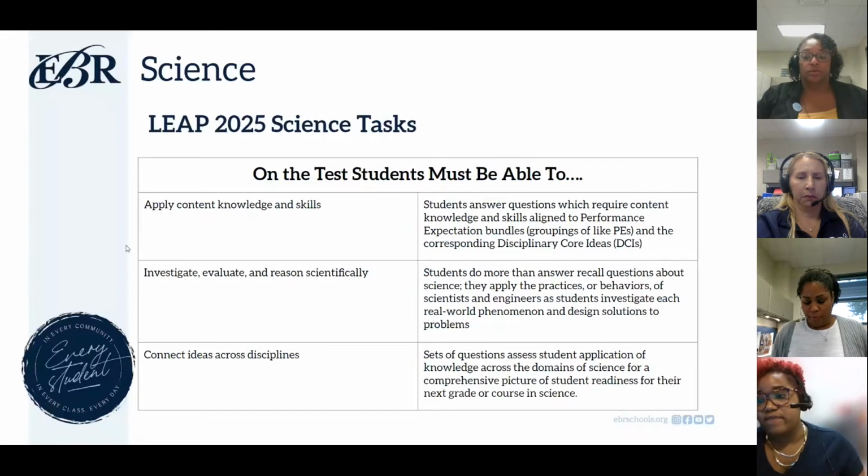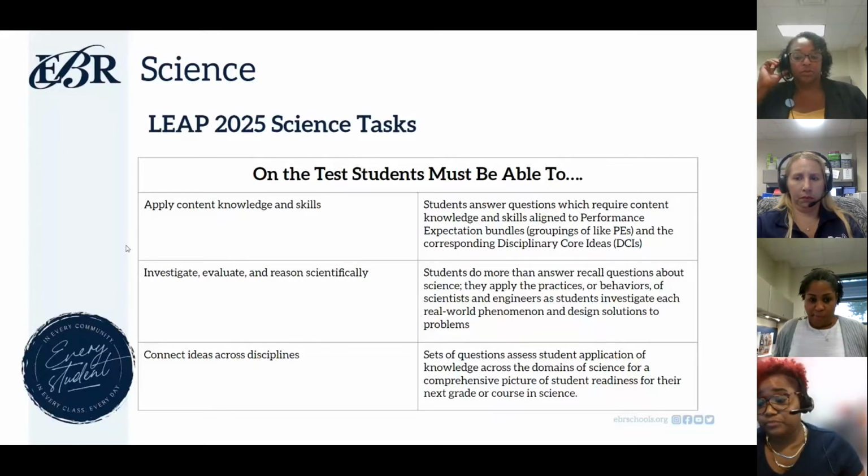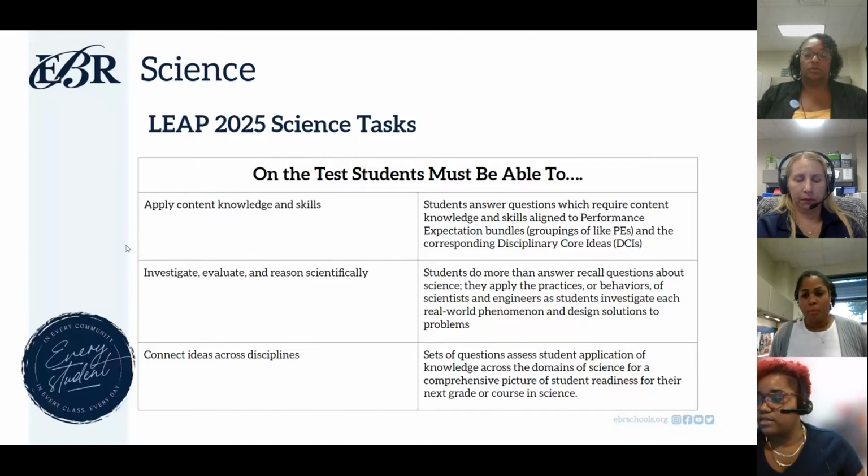When we're talking about investigating, evaluating, and scientifically reasoning, students do more than just answer and recall. They apply the practices or behaviors of scientists and engineers as they investigate real-world phenomena and design solutions to problems, which is what they should be doing in the classroom. And when we talk about connecting ideas across disciplines, sets of questions assess student application of knowledge across the domains of science for a comprehensive picture of student readiness for their next grade or course in science.